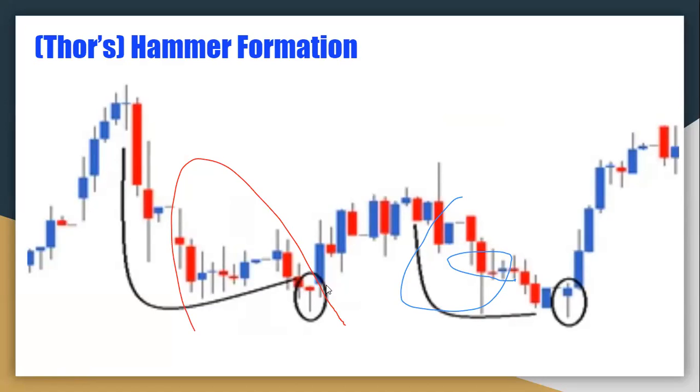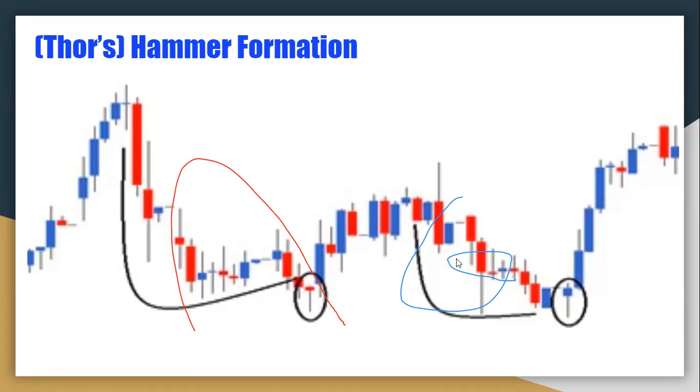So whenever you see this pattern in a downtrend, it is a very clear sign of trend reversal. See here, downtrend, then Thor's hammer is formed. Bears tried to take the prices down, but bulls took fresh entry and pushed the prices up, and the bears have lost all their strength. And see what happened. Prices rallied.